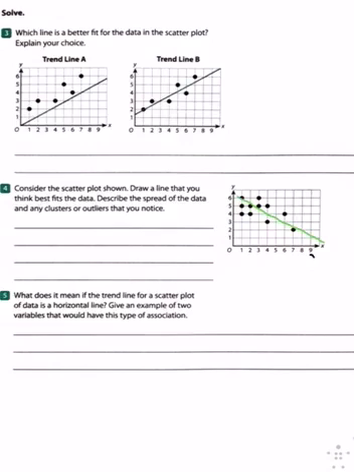Number 5, what does it mean if the trend line for a scatter plot of data is a horizontal line? Give an example of 2 variables that would have this type of association. For it to be a horizontal line, that would mean that one variable is changing and the other is not. An example would look like this.